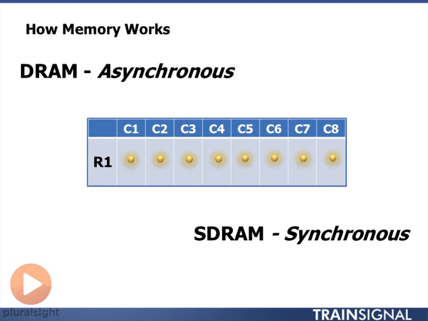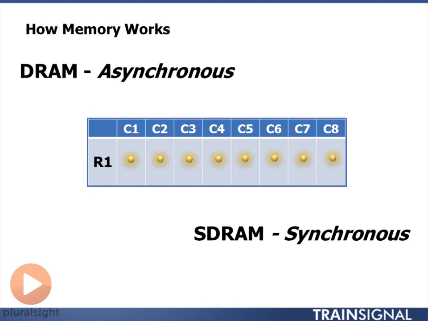Now, DRAM is not really something that we see too much anymore because the original DRAM operated in an asynchronous manner. Whereas in today's systems, we now have something called SDRAM. And the S stands for synchronous. So we have our synchronous dynamic RAM. The DRAM means it's dynamic, so we're going through this constant refresh.